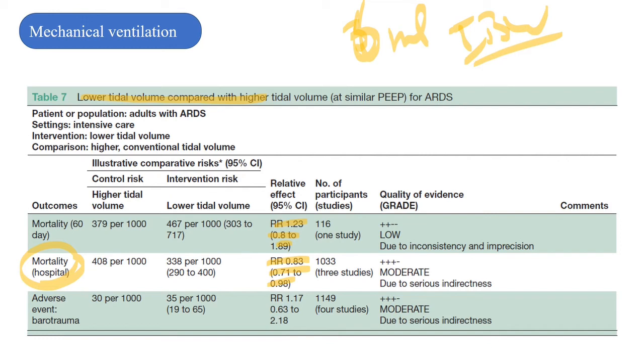In terms of adverse events, there was no difference in the presence of barotrauma. Whether this improvement was because of the low tidal volume itself or because the low tidal volume caused lower pressure is an unanswered question.